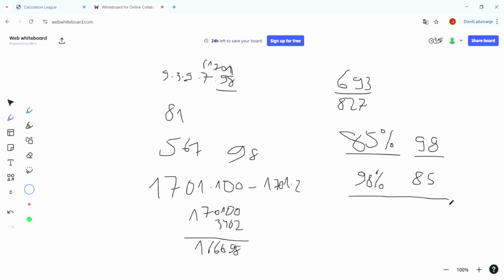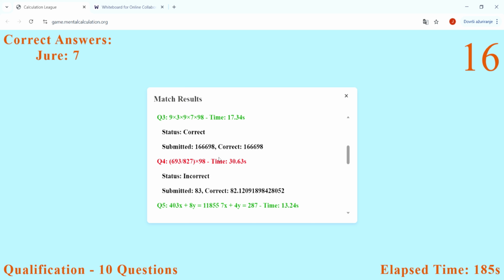It's literally 83 or numbers around it, 82 and 84. So this type of task, I don't do them 100% correctly. It should be 98 times 693 and then dividing it, but it will require more multiplying and more division, and I just prefer to do it more quickly but with less accuracy.